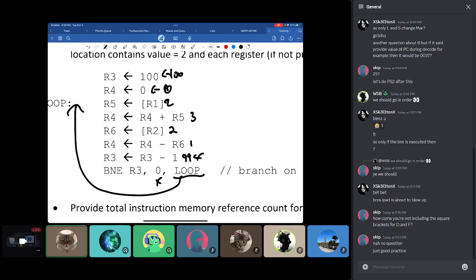You can think of it like that, and then it would run 100 times, and it gets out once it's equal to 0. So from this, we know this loop is going to run 100 times. It's like one instruction here, one instruction here, then the loop instructions 100 times.